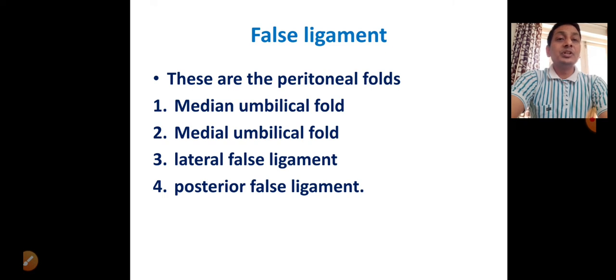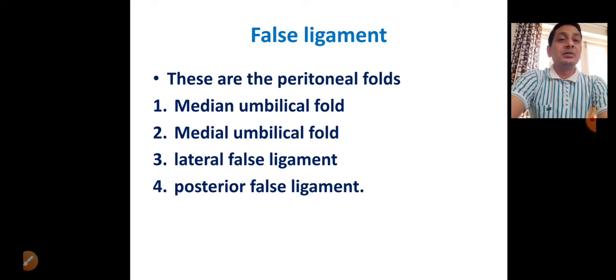These are the peritoneal folds: the median umbilical fold, the medial umbilical fold, the lateral false ligament and the posterior false ligament. These are the false ligaments, the peritoneal folds which extend on the urinary bladder.